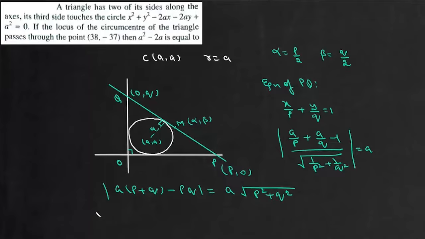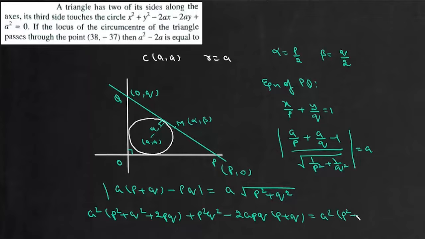Now we square it, and we can write a square times (P square plus Q square plus 2PQ) plus P square Q square minus 2aPQ(P plus Q), and that will be equal to a square (P square plus Q square). Now a square (P square plus Q square) will cancel.